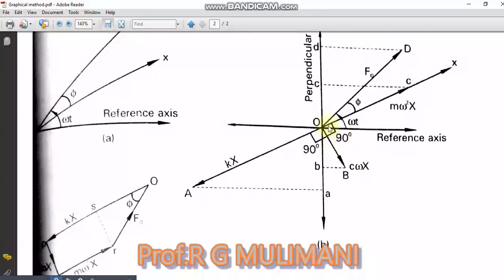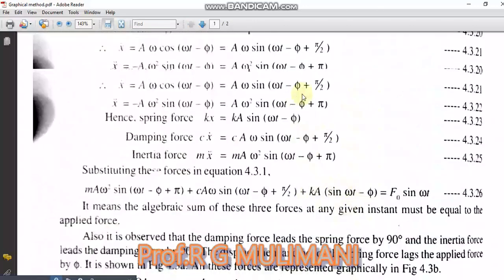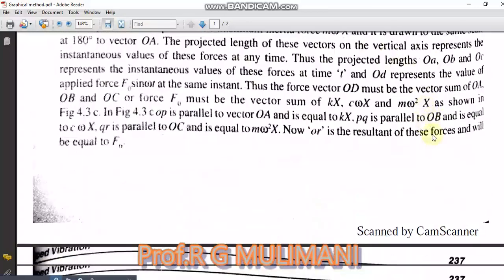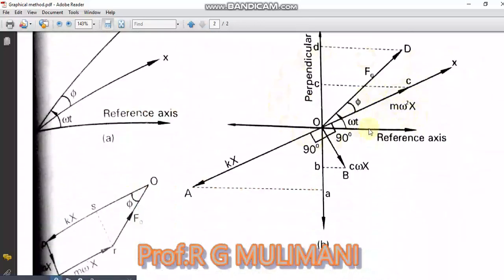So plus 90 degrees, again it is in phase with the displacement. The magnitude is m omega square x, or m omega square a. So now all the forces are shown in this graph.